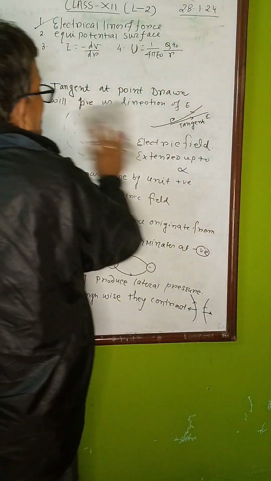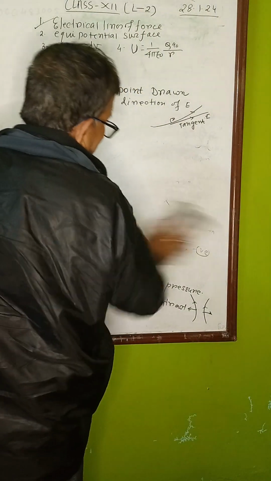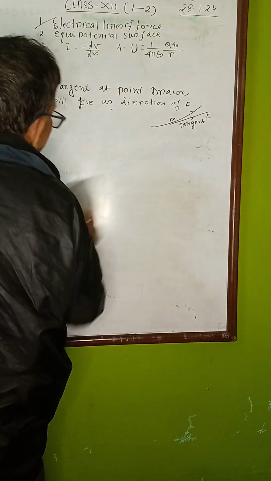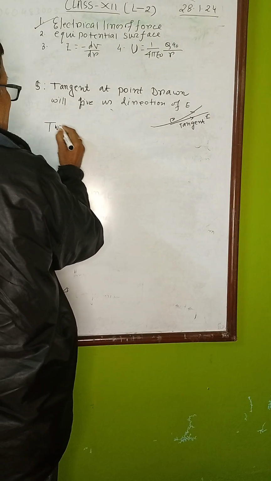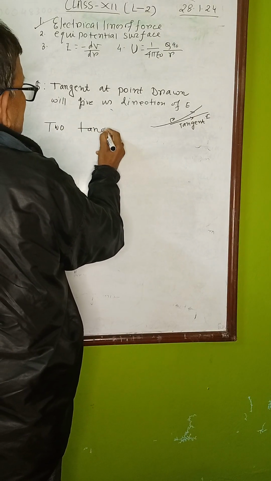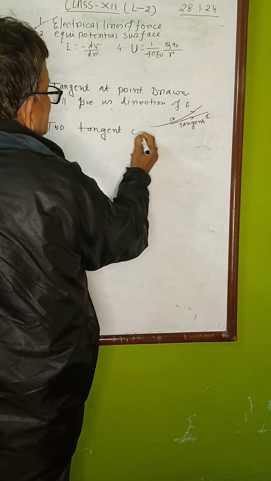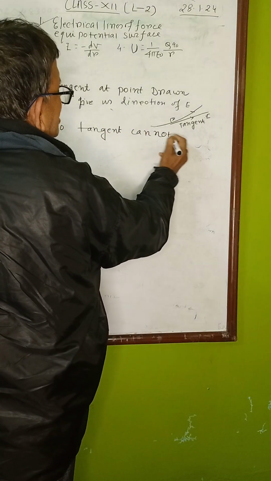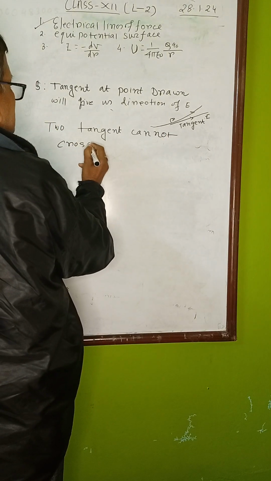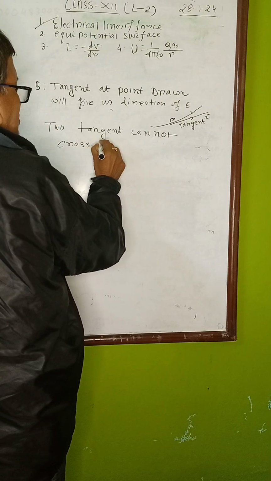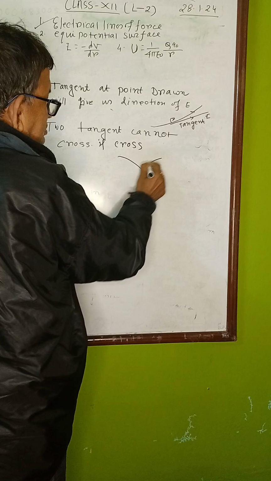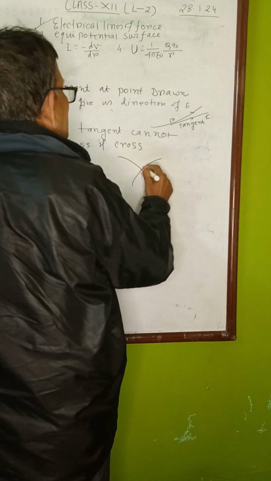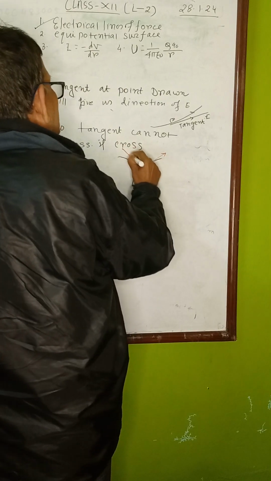Now, we can write easily that two tangents cannot cross. If they cross like this, we can draw two tangents at the point P. There are two tangents, one is this and another is this.